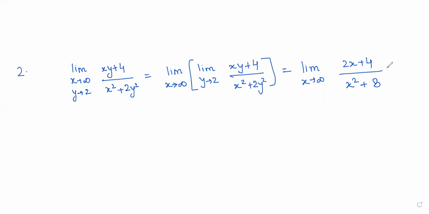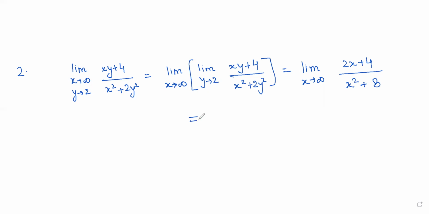Now we have x tends to infinity, and we know that 1 upon infinity is 0. So we will try to convert x into 1 upon x.